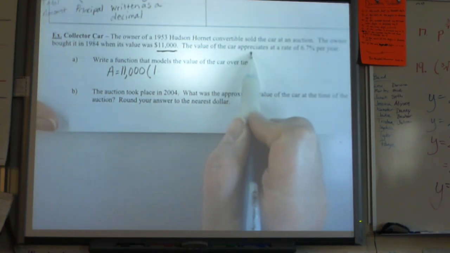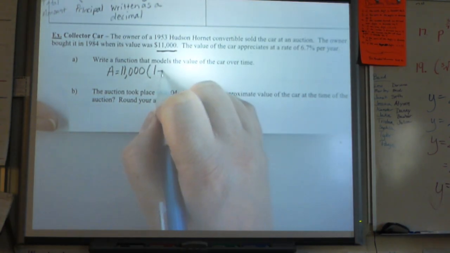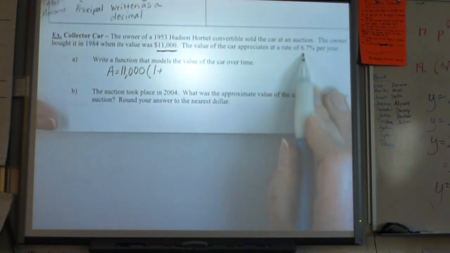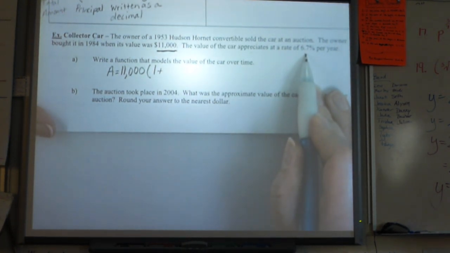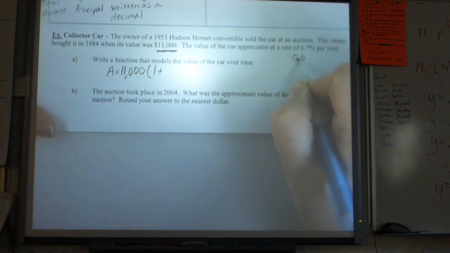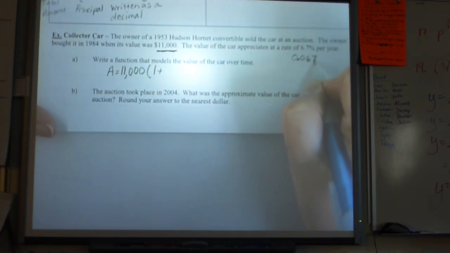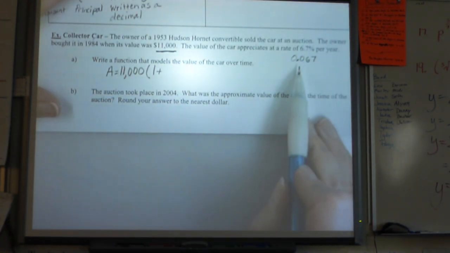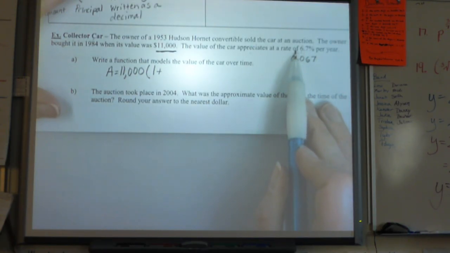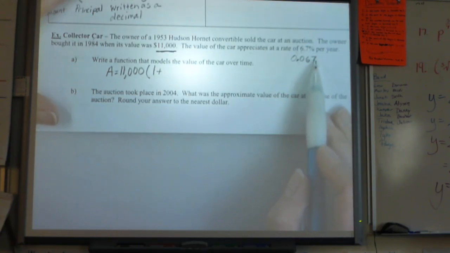Okay, it's appreciating in value, so it's growing in value. What's my growth rate? 6.7%. How do I write that as a decimal? 0.067, right, boys and girls? Because percentage is per 100, so you divide by 100, moving the decimal once to the left, twice to the left. Okay, 0.067.